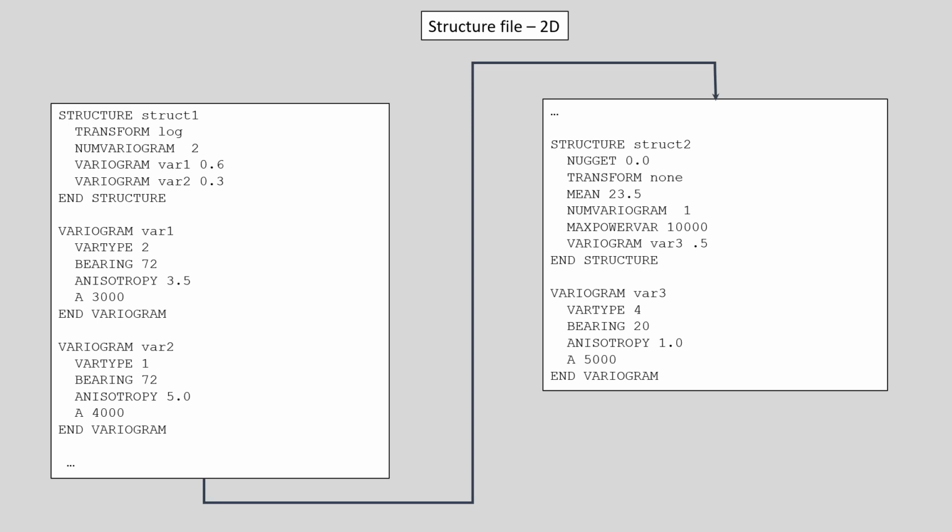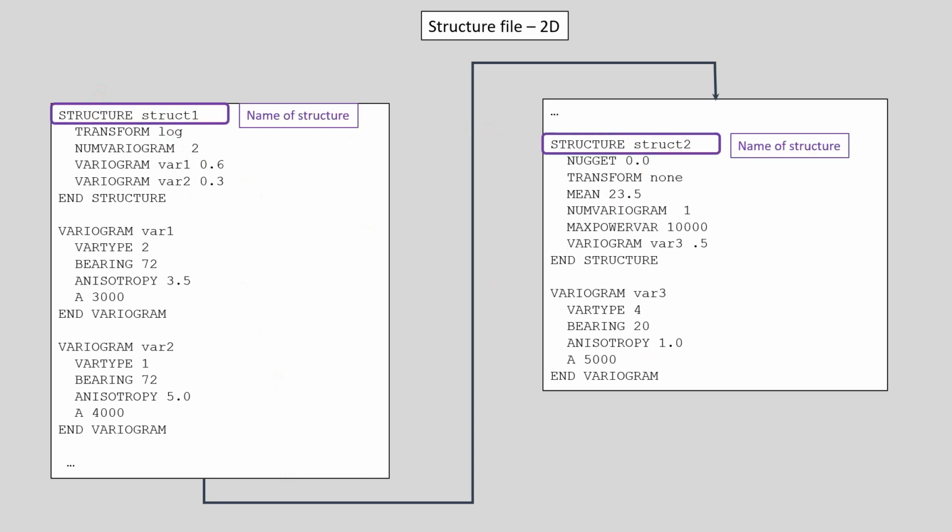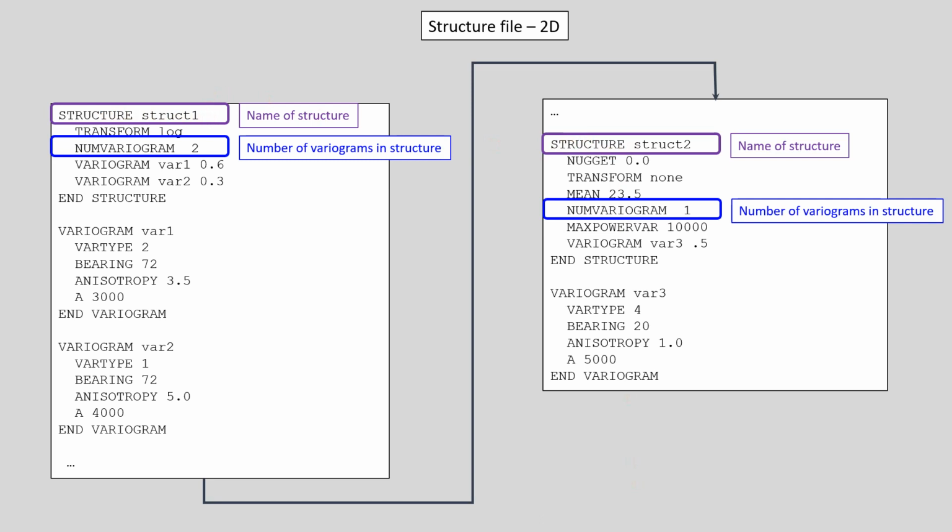So in this particular structure file, two structures are cited, struct1 and struct2. Each structure has a name. The name of the structure is written beside the introductory keyword for the block. Now, struct1 has two variograms that comprise the geostatistical structure.